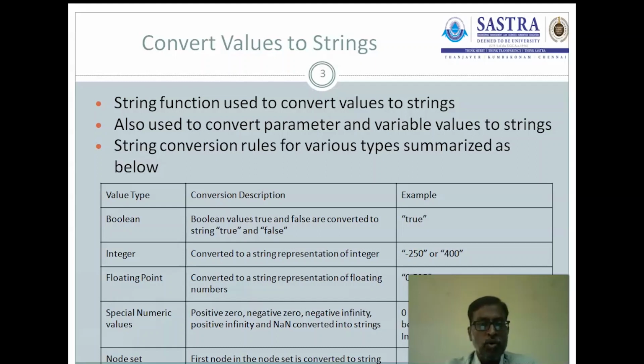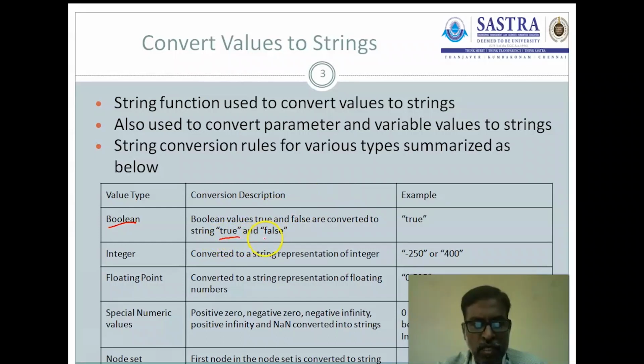First one, Boolean. See here, in the first row, Boolean type is converted into string type. Boolean value true or false is converted into string.